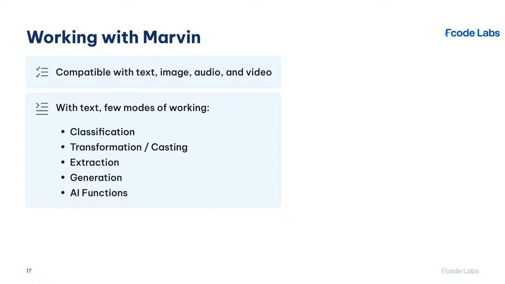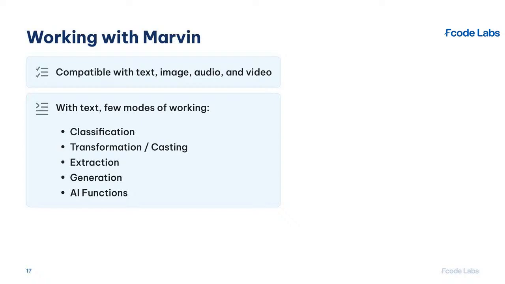And transformation, that means if we have a description about something, let's say a description about a person, we send the description of the person and the schema of the person to the Marvin function, and it will extract the data from the text and create an object for us. And data extraction is also the same thing, but with a few additional things, the same functionality.